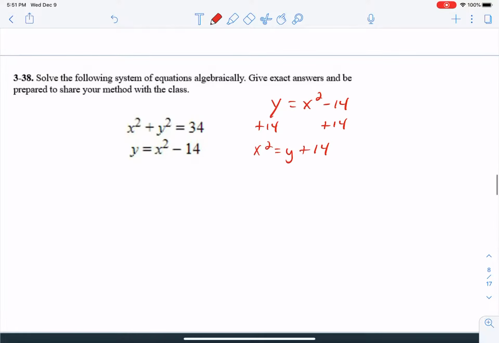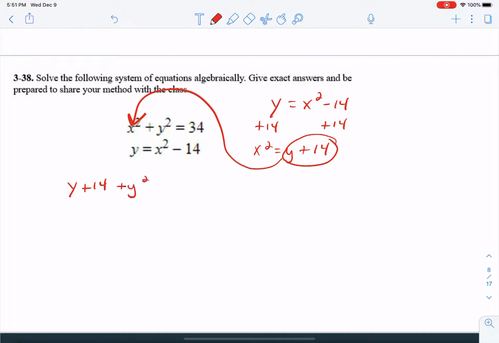Because then I can take y plus 14 and put that in for the x squared. So I end up with the equation y plus 14 plus y squared equals 34. So now I have a quadratic that I need to solve. So I need to move everything over to one side of my equation.